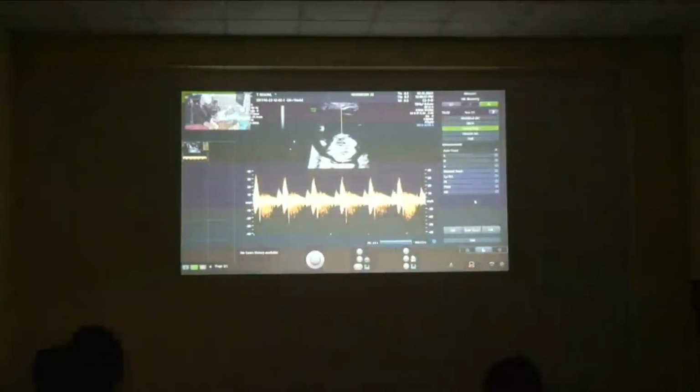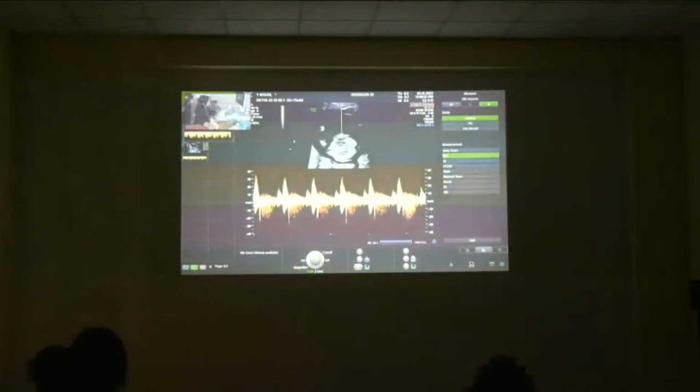So place your spectral Doppler over this tricuspid valve, and this is the waveform that we ought to see normally, and a little bit of regurgitation is okay. Sometimes this is physiological. So document the heart rate.